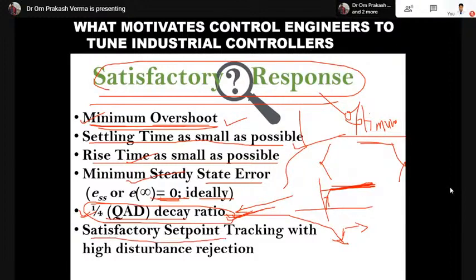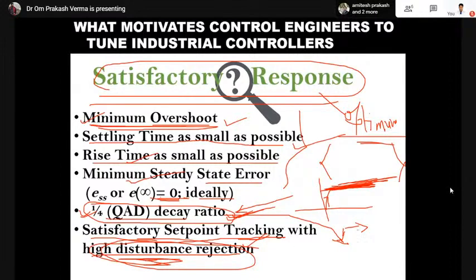Now, satisfactory set point tracking with high disturbance rejection. So you have to track the set point with the rejection of the disturbance. You have to track the set point, but at the same time, you have to reject the disturbance, whatever you are getting from the environment.